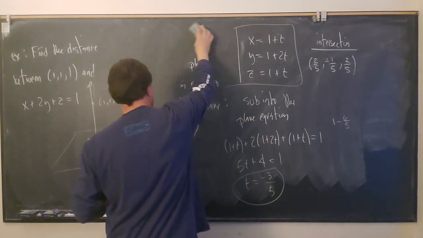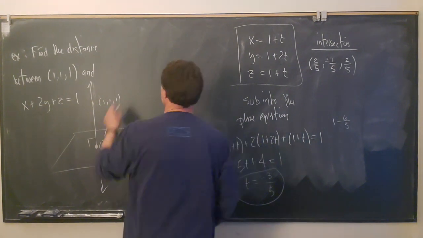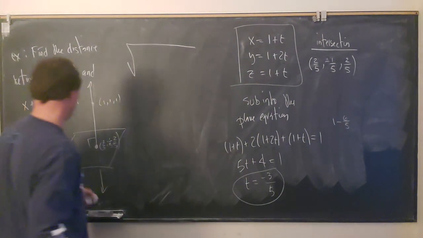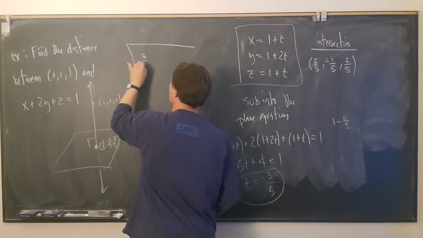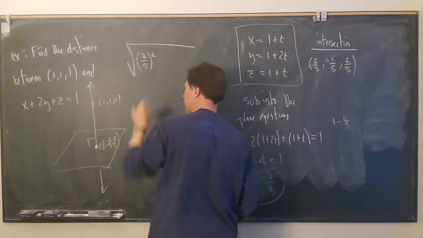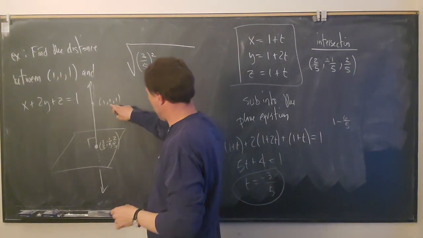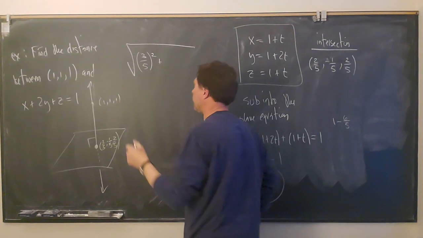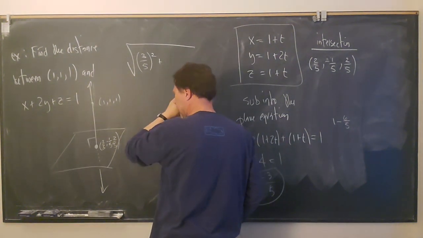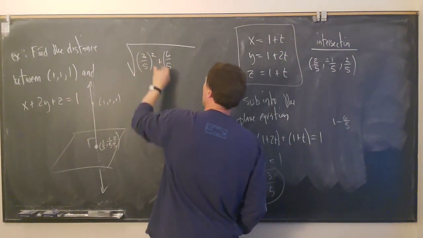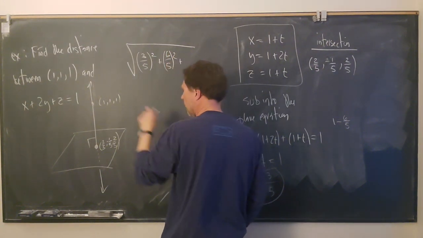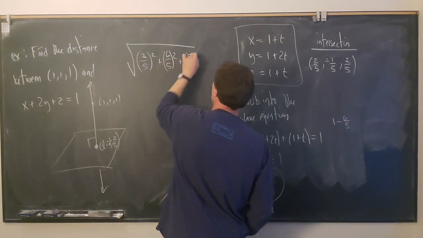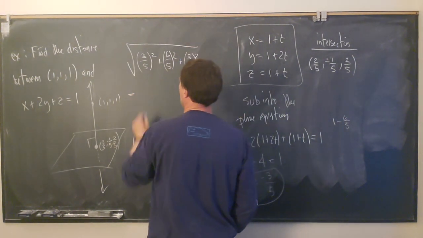So the distance, if we use the distance formula, from this point to this point is going to be 1 minus 2/5, which is 3/5 squared, plus 1 minus negative 1/5, so that'll be 6/5 squared, plus 1 minus 2/5 is 3/5, so plus 3/5 squared. And so what do we get here?